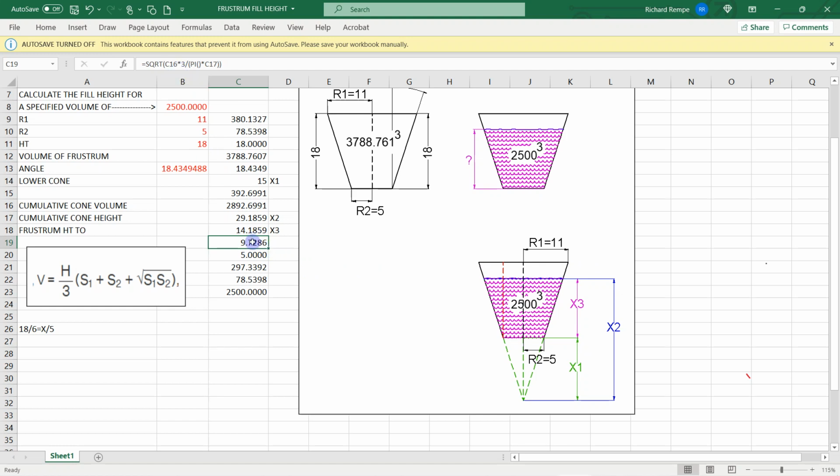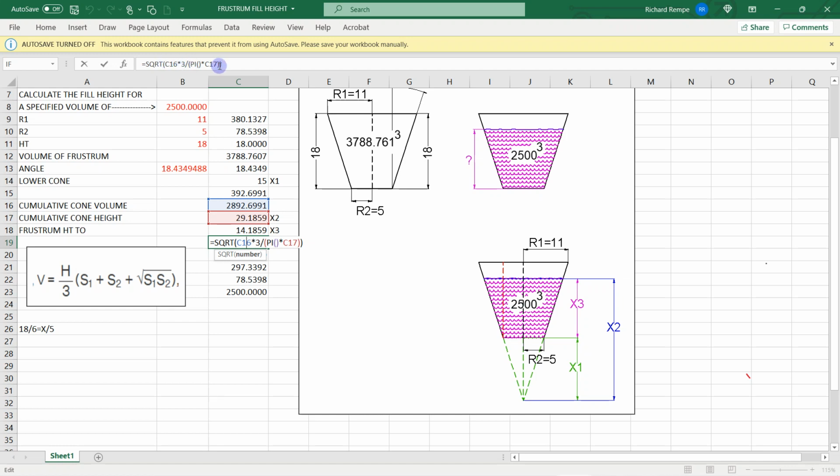Square root of 16, divided by 3, so the height divided by 3 times pi times 17. Honestly, I can't remember how and why I came up with this. C17 is the cumulative height. There's the volume.